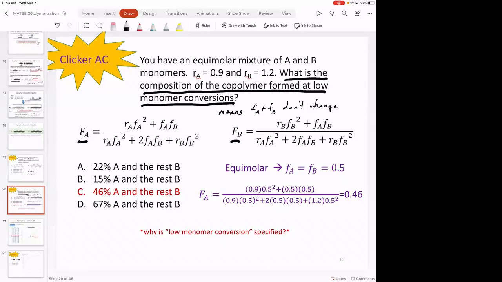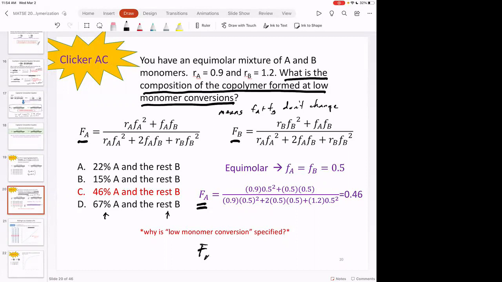There's only two monomers, right? And so if we solve for Fa, Fb is 1 minus Fa. So we get Fb for free when we solve for Fa, and vice versa. And so you really want to be sure that you're using whichever copolymer equation you're using, and you're answering the question I ask you in terms of whether I'm asking you for A or B. That's really important, right?